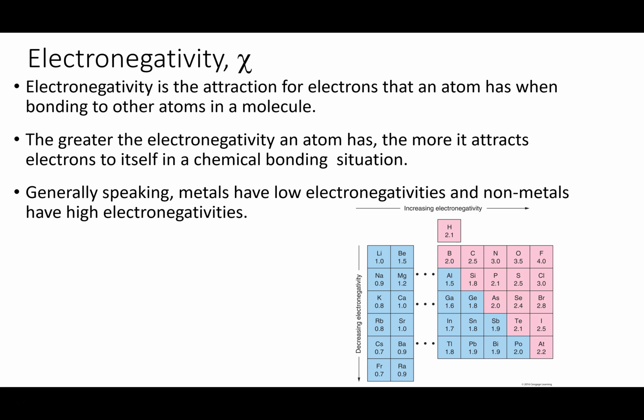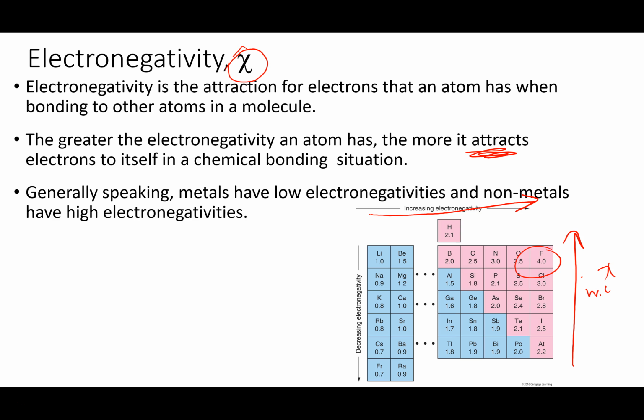Electronegativity. The symbol for electronegativity is this X-looking thing. Electronegativity increases as you go from left to right, group A elements anyway, and it increases as you go from bottom up. So that makes our nonmetals most electronegative. What electronegativity is, is that they are attracting more electrons to themselves.